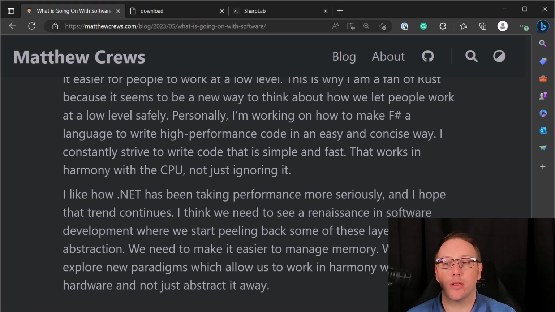This is one of the reasons I've been excited for a lot of the performance work in the .NET ecosystem, because we now have more access to how memory is laid out and how it is managed. I think we are going to continue to need more of that to push the performance of our programming, because abstracting all of memory behind garbage collectors has real downsides.